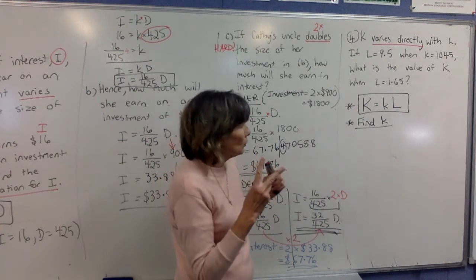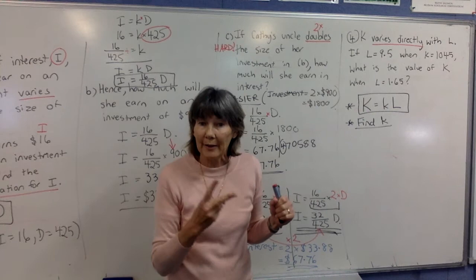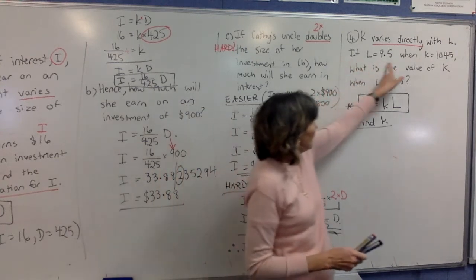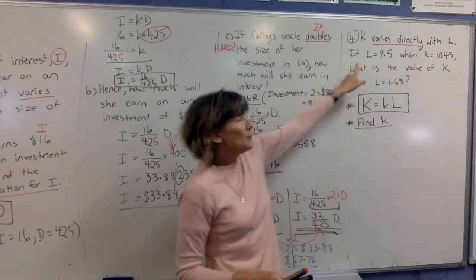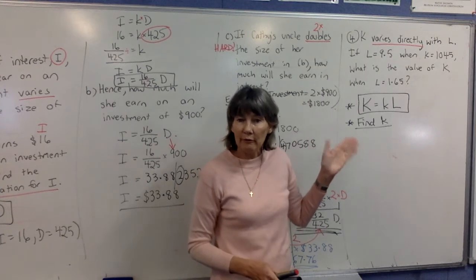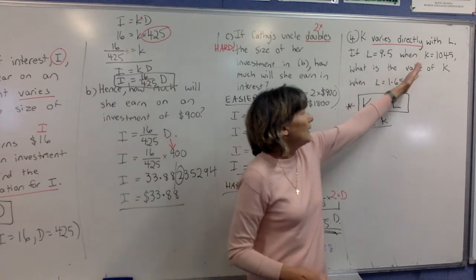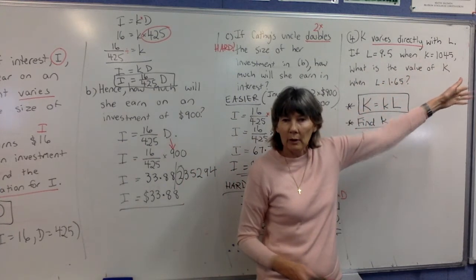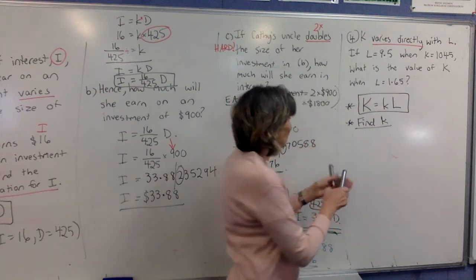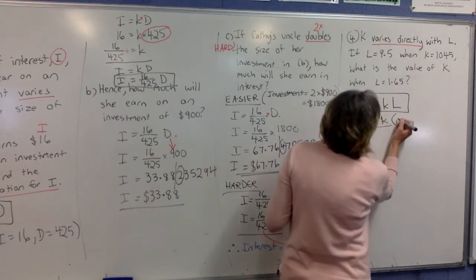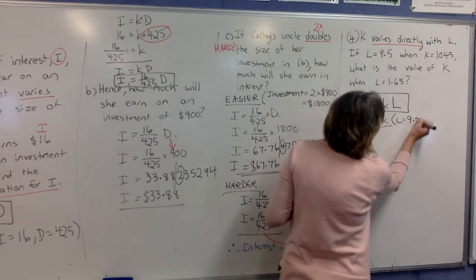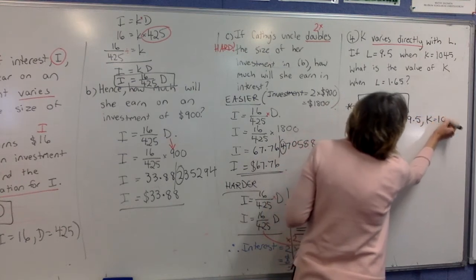We only need two, and we need the two that go together. And that's this bit here. They've told you L equals 9.5 when K equals 1045. So they go together, all right? So we're going to put them down first. L equals 9.5, K equals 1045.